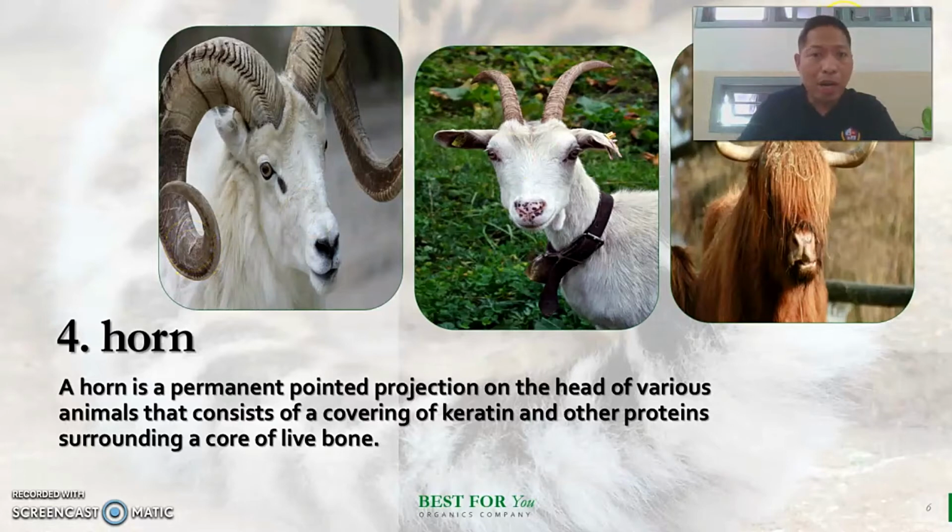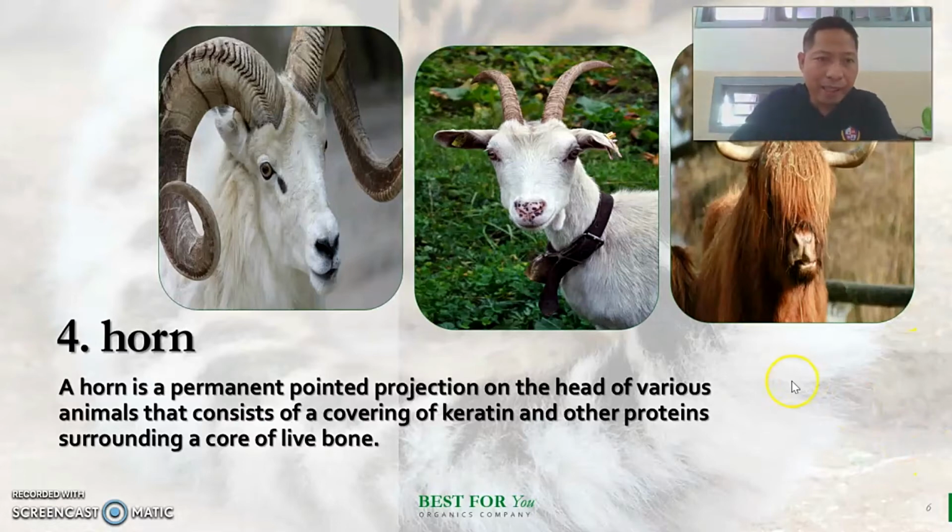Not all animals have a horn, but this one is specifically in a sheep, a goat, and also a cow. Cow has a horn as well. So cow, goat, sheep, and ram are the animals that have horns.